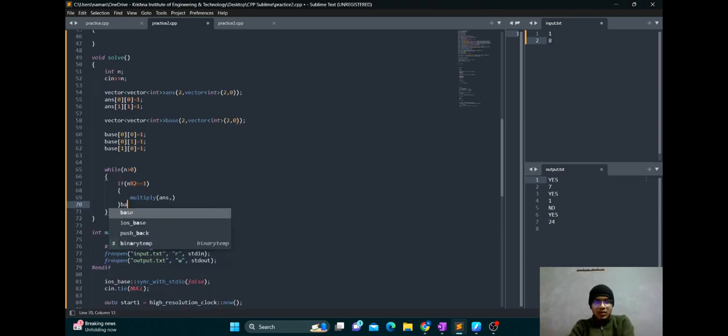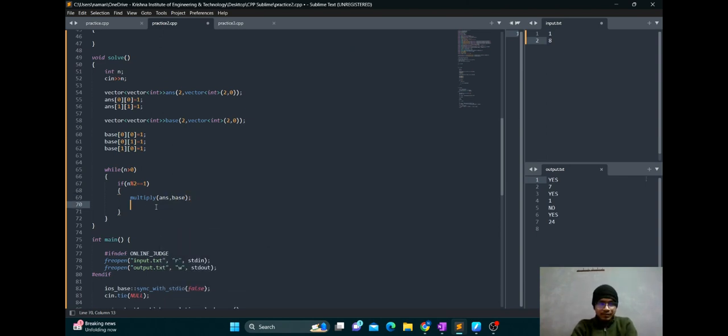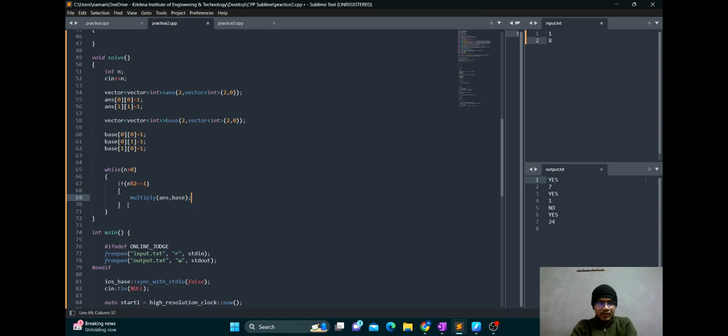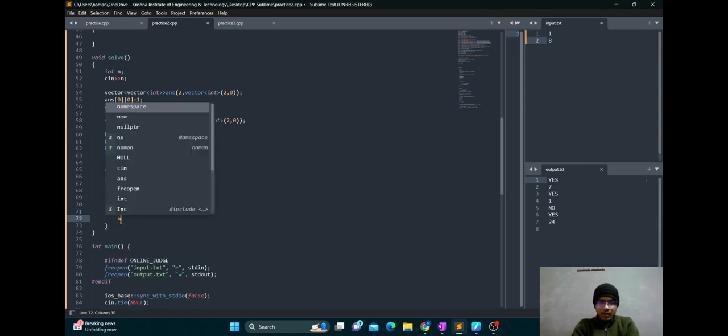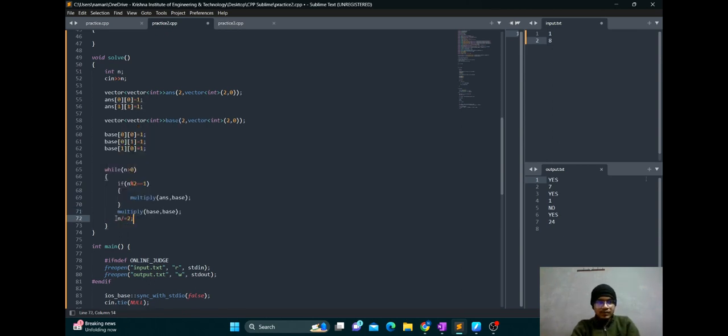So answer equal to a function for multiplying the matrices, and we have to multiply the base in every iteration, base comma base, and divide n by 2.